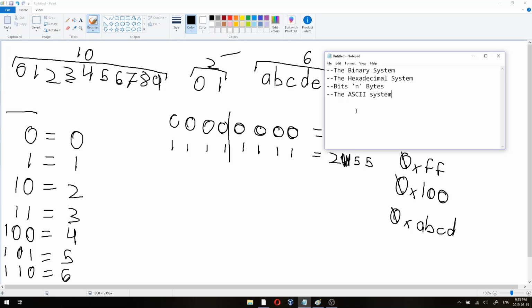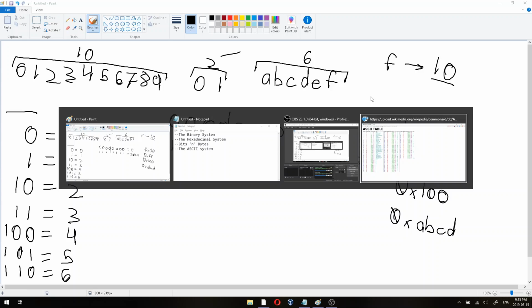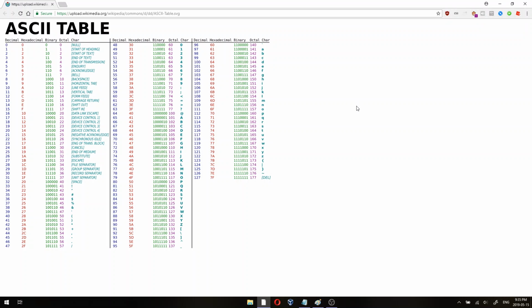They actually managed to fit all of these characters into a single byte, which was represented numerically. And this was called the ASCII system. And if you look up online for an ASCII table of some sort, you'll come across something that looks vaguely like this.